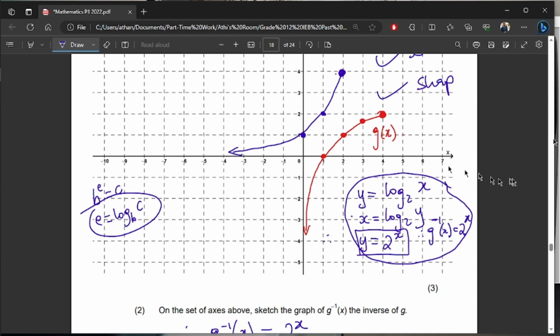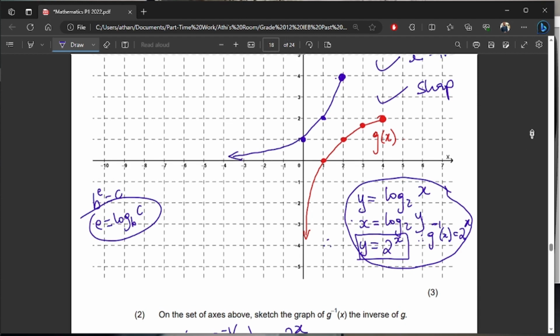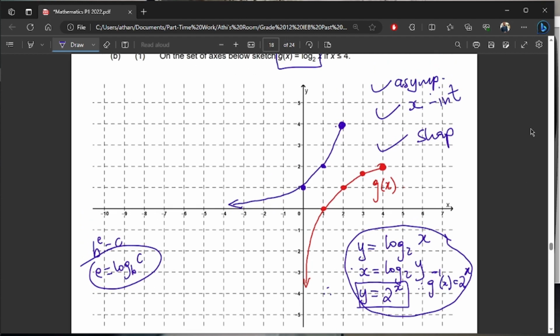Now guys, another way to draw this inverse function is to just look at the coordinates of your special graph. This was 4 is to 2. Okay, let me leave that one because it has a decimal. This is 2 is to 1. This is 1 is to 0. To graph it now using the inverse, all you have to do is just swap your coordinates. 2 is to 4.